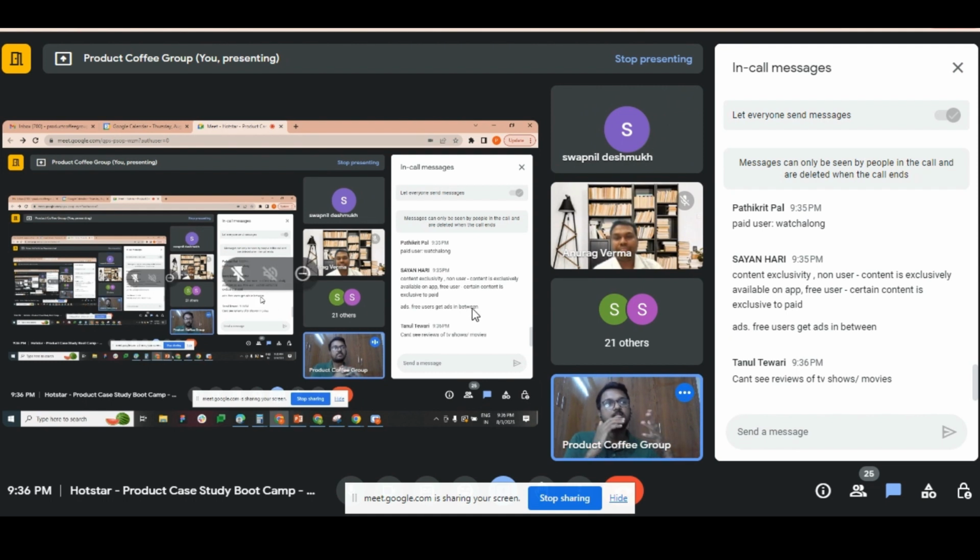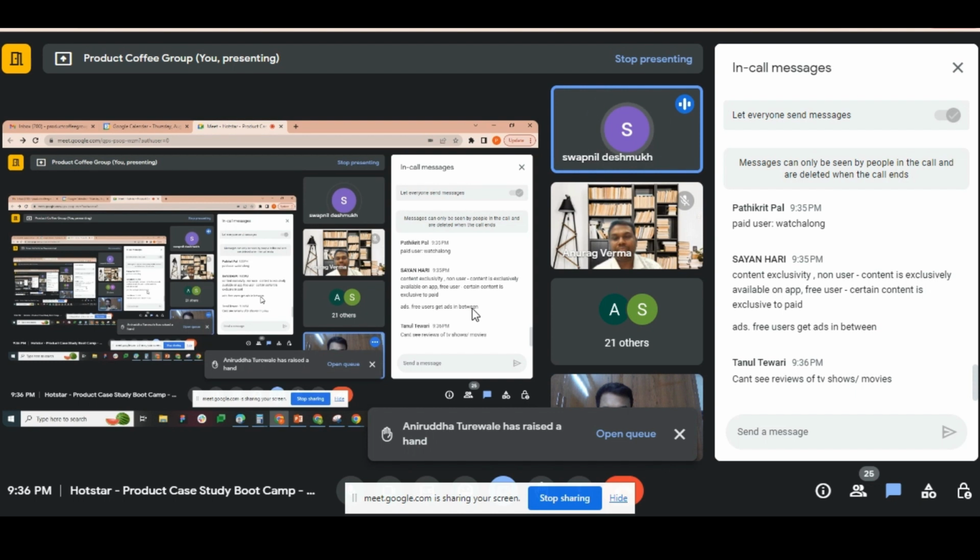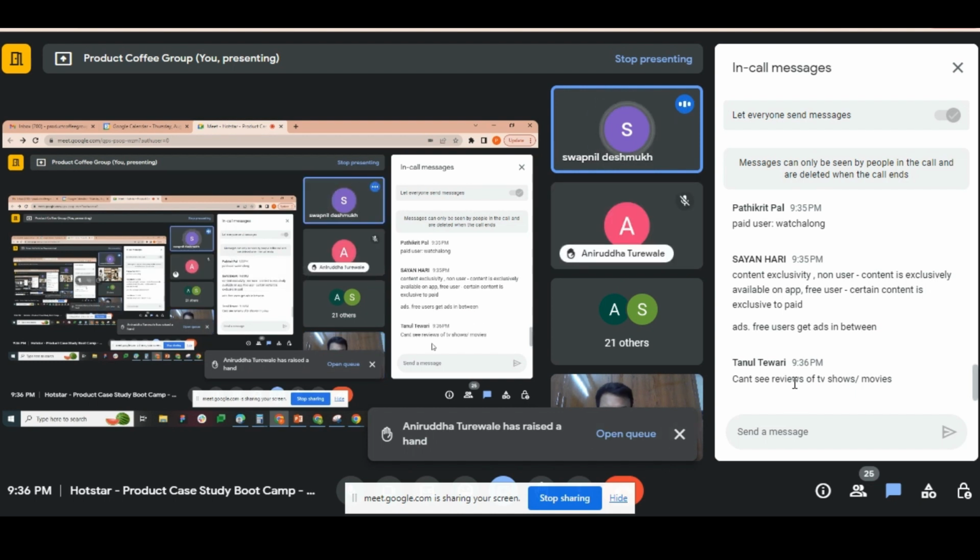Are you saying he is sitting in a different country, or he has intentionally chosen a base paid package and he is frustrated over content that is available only for the higher package? My understanding is which show is included in which plan is decided by Hotstar, not by the customer. So at the time of subscribing, he may not be aware of exactly which shows will be included in this plan. Okay. Got it.